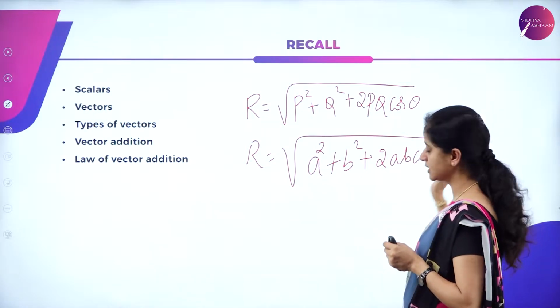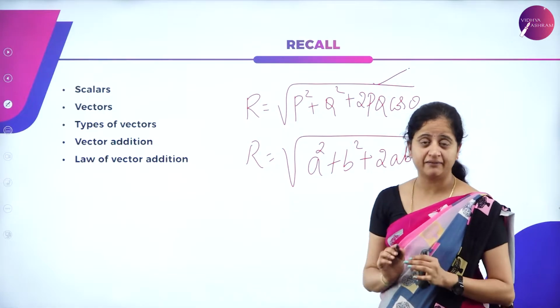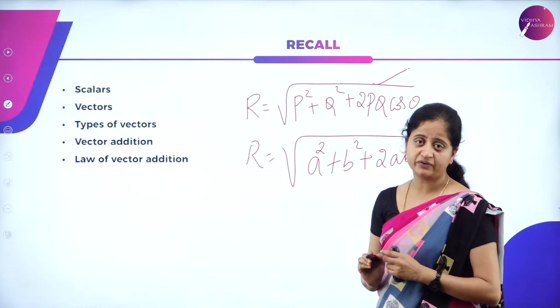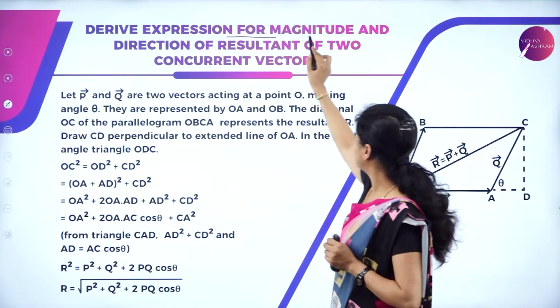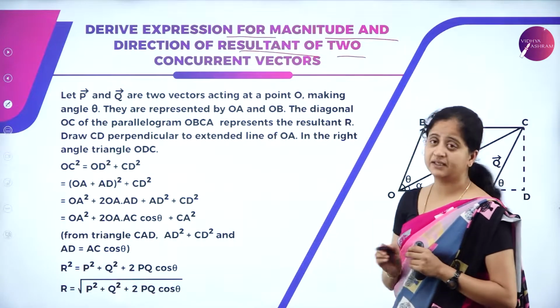In today's session, let us learn how this is derived, how to write the expression for the resultant of two vectors. We are now going to derive the expression for magnitude and direction of the resultant of two concurrent vectors.